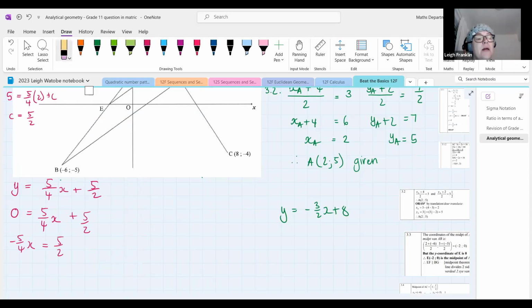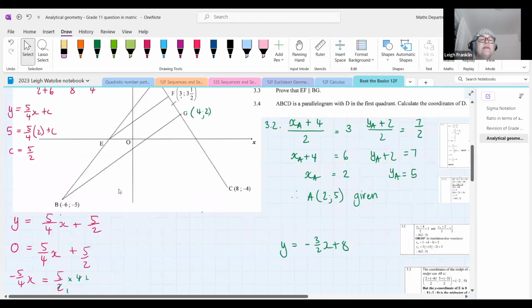I'm going to times both sides by 4. If I times this side by 4, that would be 10, so x would be equal to negative 2. Lovely. So that's why you guys are saying the coordinates at E are negative 2 and 0.